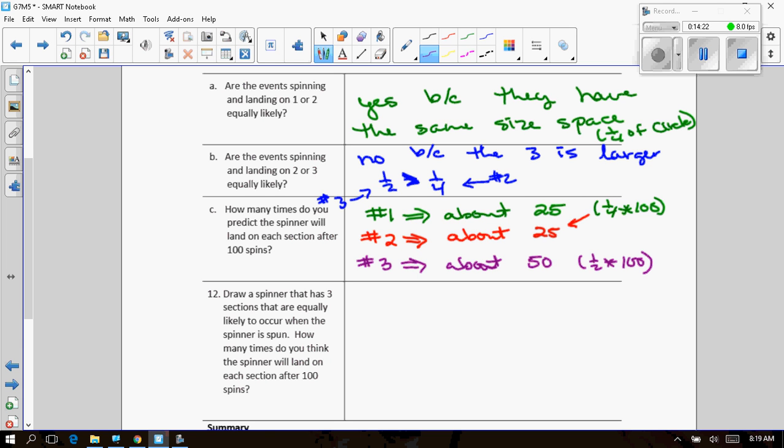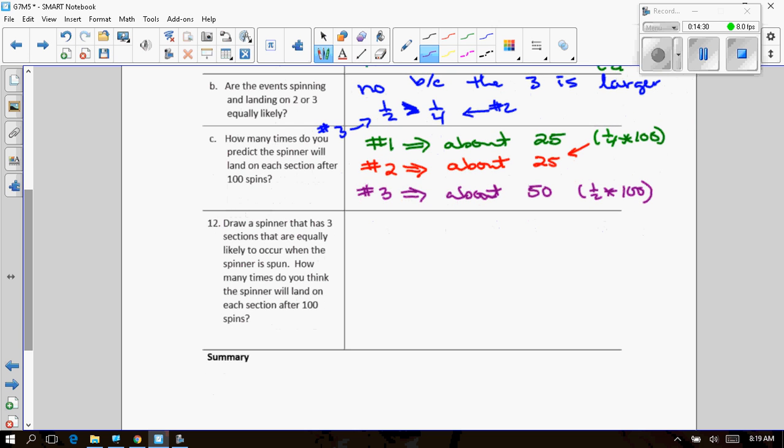Now it says to draw a spinner that has 3 sections. We're going to put a 1, a 2, and a 3 in it so that when the spinner is spun, we think we're going to get the same number every time. Do the best you can at drawing a circle. There's my circle, and I'm going to draw this into 3 parts.